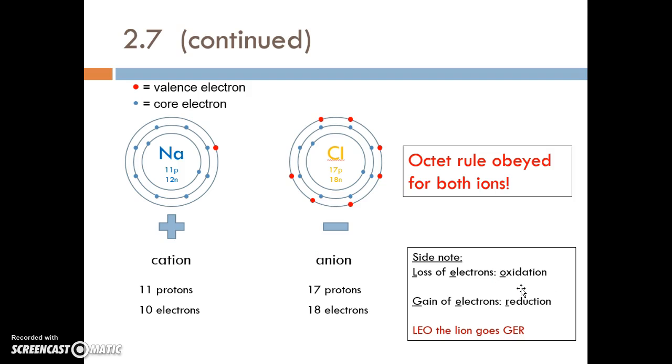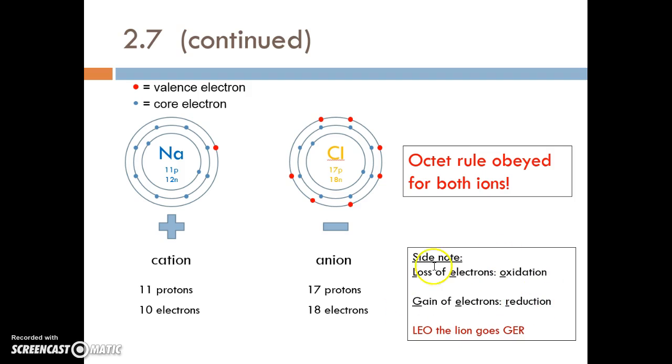So just so we have it in place, the Na will go ahead and donate the electron to the Cl. The Cl will now become slightly negative. The Na will become slightly positive. One is positive, one is negative. They stick together. So one's a cation, the Na. The Cl is an anion.